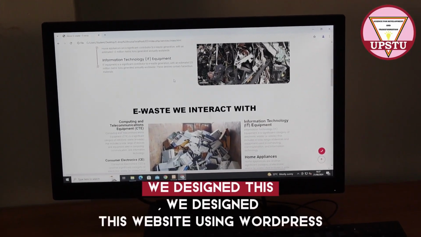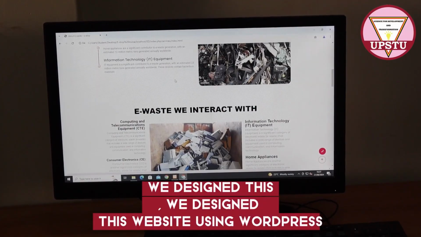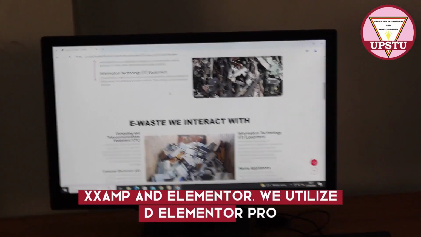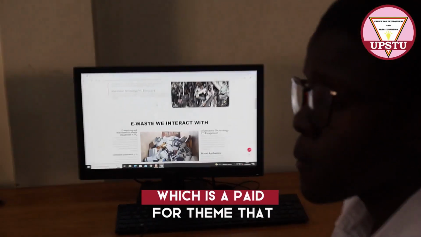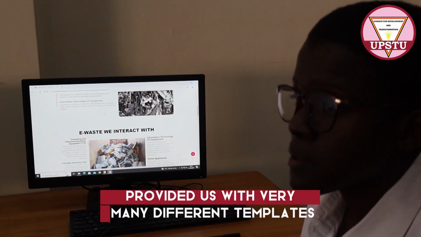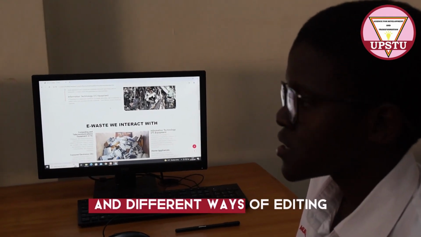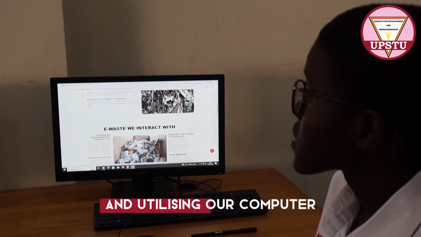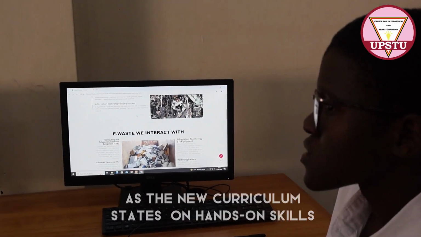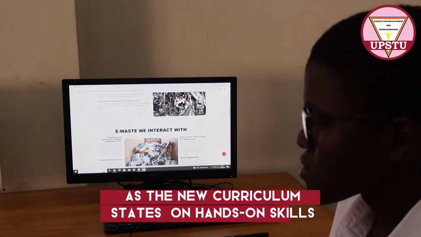We designed this website using WordPress, XAMPP, and Elementor. We utilized Elementor Pro, which is a paid-for theme that provided us with very many different templates and different ways of editing and utilizing our computer skills that were taught to us by our teachers as the new curriculum states on hands-on skills.